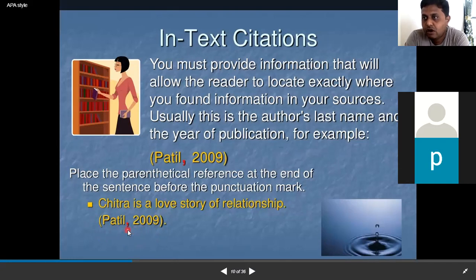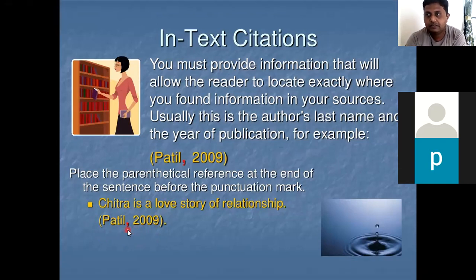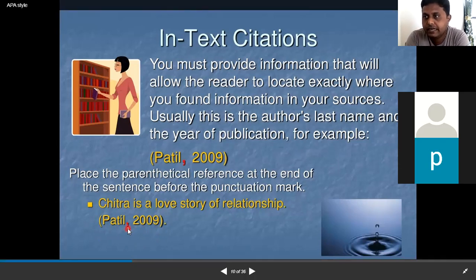So in the case of APA, there is the use of comma after the name of the author, but in MLA, there is no use of this comma, right? That's the difference. Okay, but if we are having different situations, so this is the first situation. We would have different situations in our next slides.